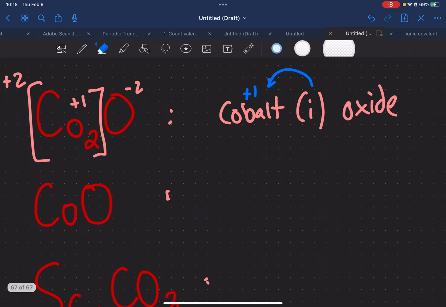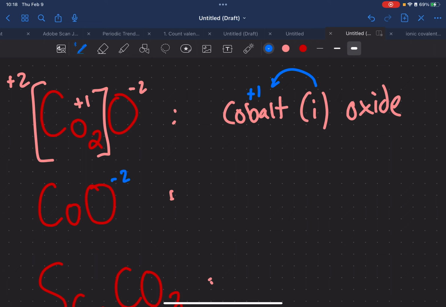But that's not to say that cobalt can't combine with oxygen in other ways, because look at this one. This is CoO with just 1 cobalt ion and 1 oxide ion. I don't do anything with prefixes here because the reason I'm allowed to have multiple compounds with cobalt and oxygen is that my cobalt can take on multiple charges, right?